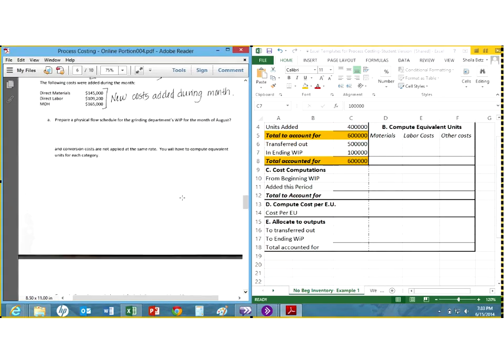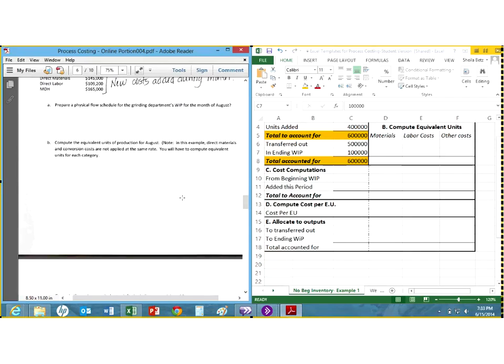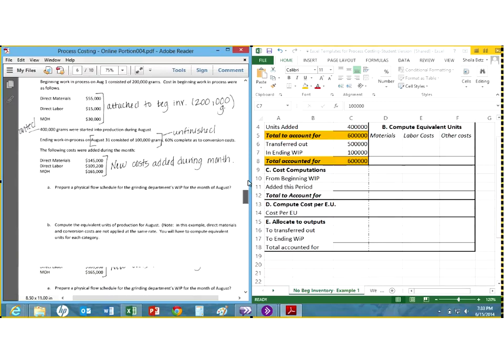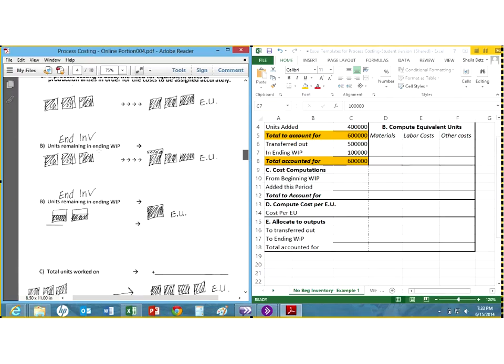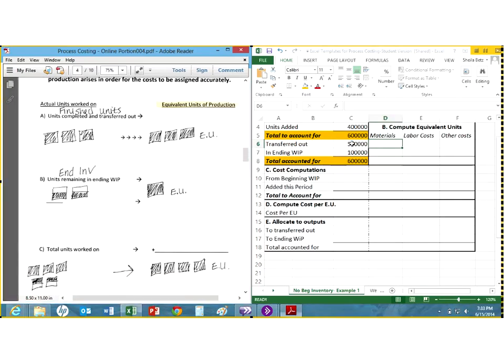Question 2 states for us to compute the equivalent units of production for August. Remember, I'm going to scroll up here, when we were doing this, we need to do this for this. If we transferred out these 500,000 units, that means they were complete. So my equivalent units for anything transferred out is going to be the same.